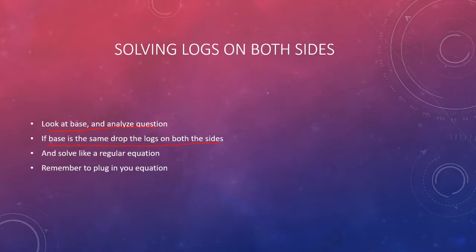So let's say it's log base 2 of 3x equals log base 2 of 3x. You would take out both the logs, you get 3x equals 3x, solve it like a regular equation, you get x equals x, and then your answer is basically x equals infinite amount of solutions.